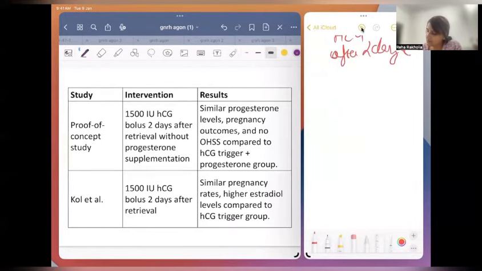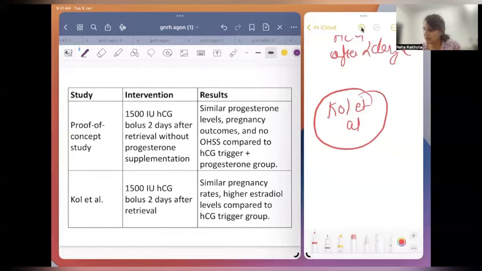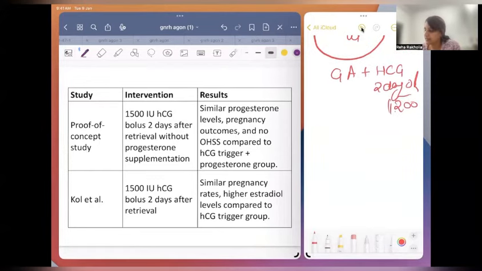Another study is Cole et al. We gave GnRH agonist plus 1500 HCG 2 days after oocyte retrieval. What we saw was similar pregnancy rate, but higher estradiol level compared to the HCG trigger group.